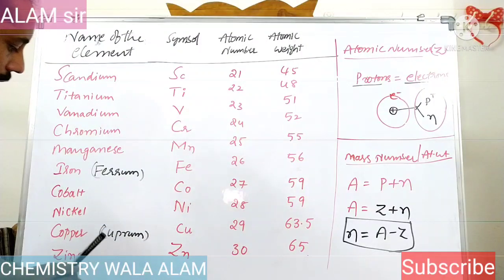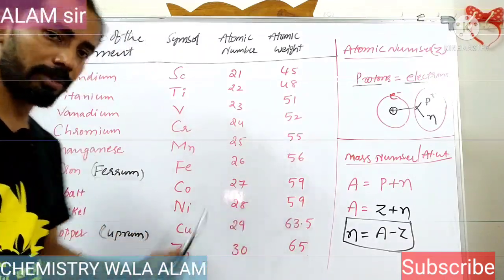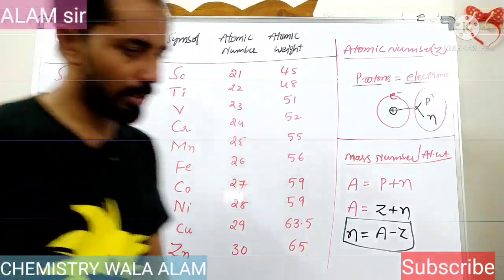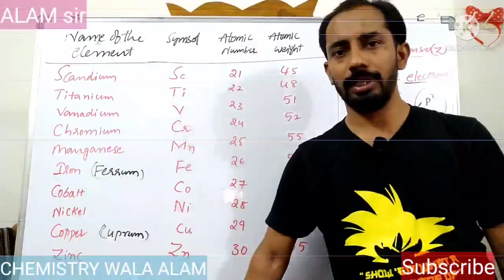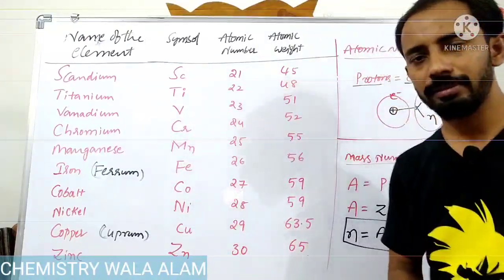Copper Latin name is cuprum and symbol is Cu 29, 63.5. Zinc Zn 30, 65. So these are the elements up to 30 elements, symbol, atomic number, mass number. Okay, thank you.